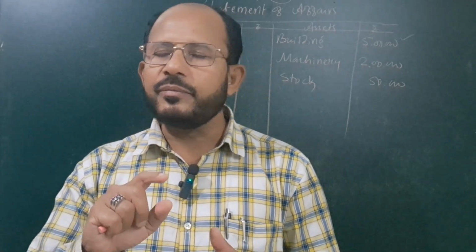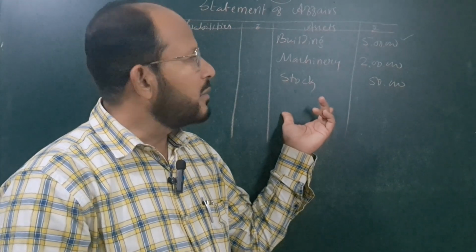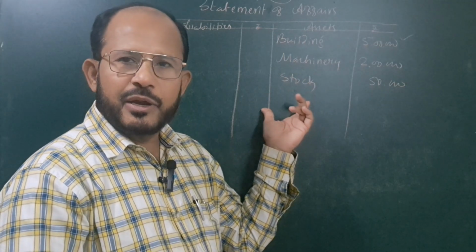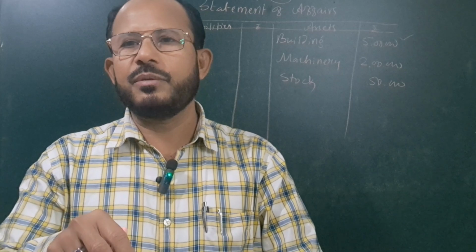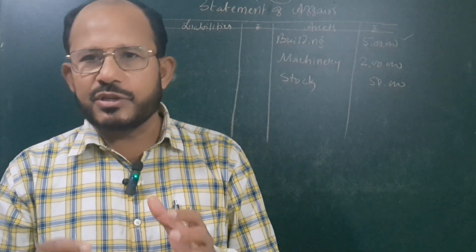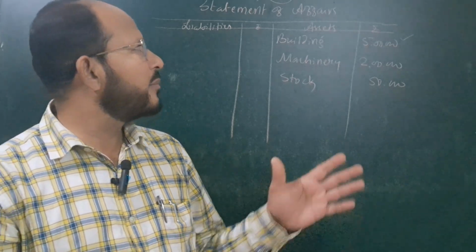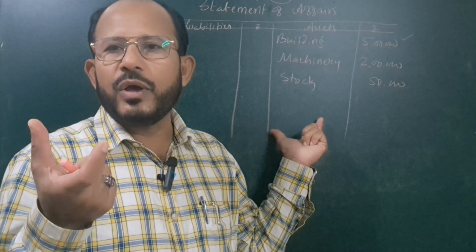Next, under the single entry system of bookkeeping, the statement which is prepared includes estimated figures. Here this estimation is made by the proprietor himself. That is why estimated values can be seen in the statement of affairs. These values are not the true values.